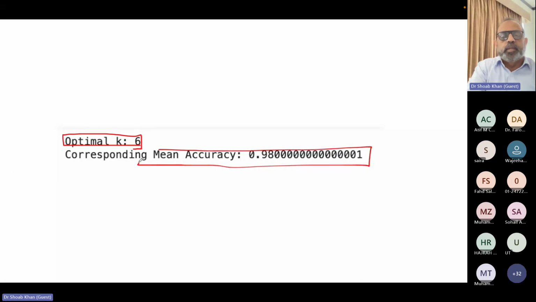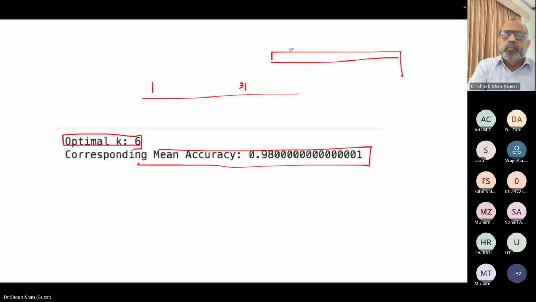So this is where it has tried k going from 1 to, let's say, 31, and these are the values of k, and it has 5-fold validation. So the data is divided into 5 parts: 1, 2, 3, 4, and 5.